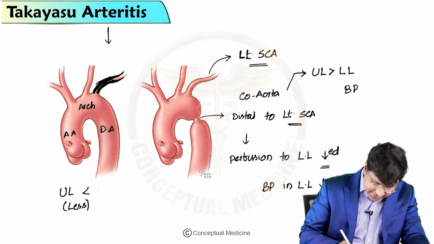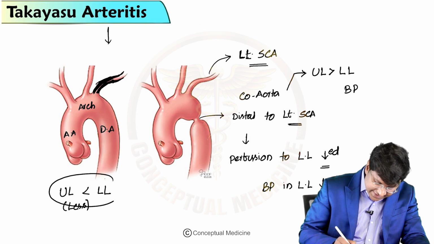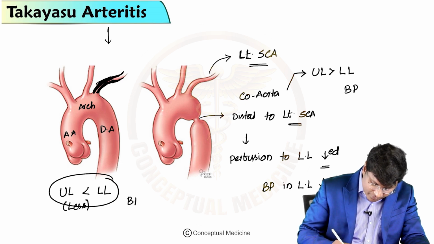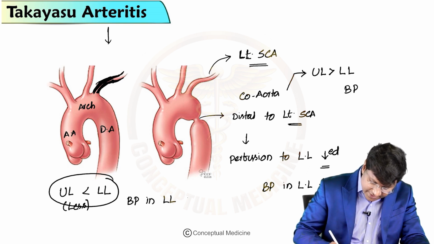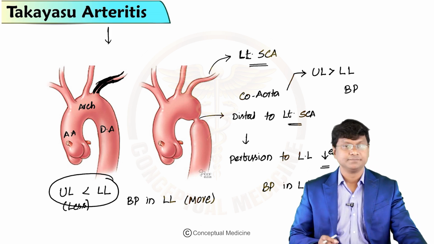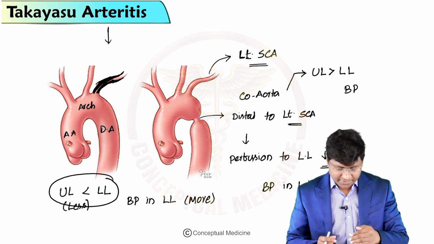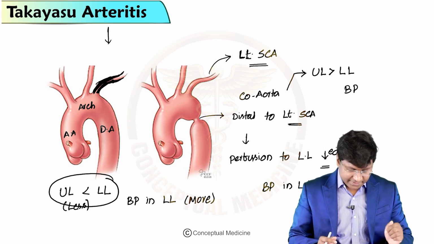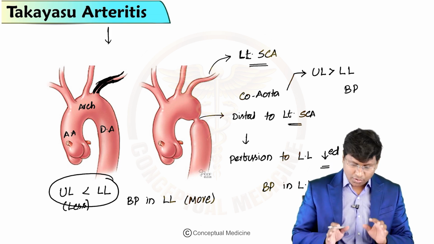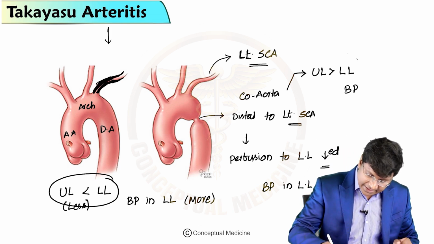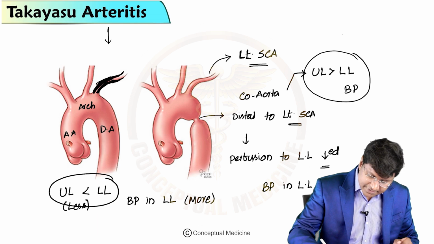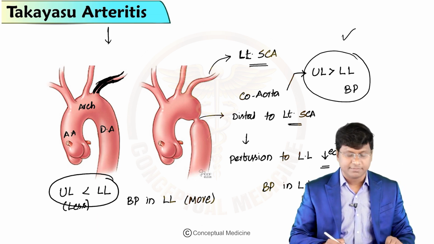So the blood pressure in the lower limb will be more compared to the blood pressure in the upper limb. So you observe here, in coarctation of aorta, the upper limb blood pressure will be more than the lower limb blood pressure.